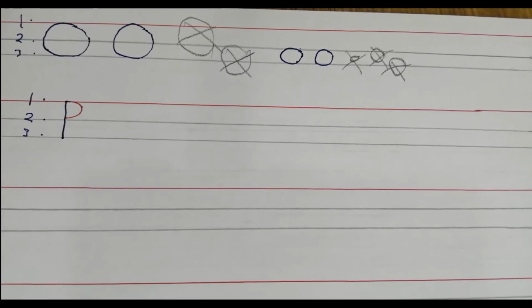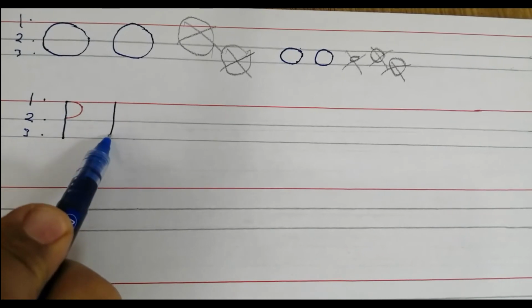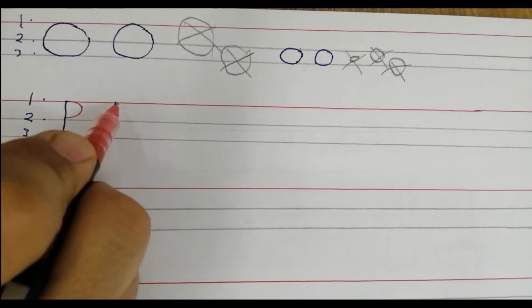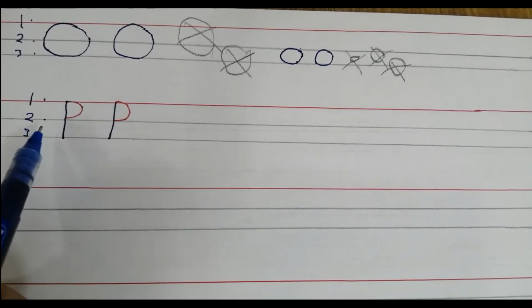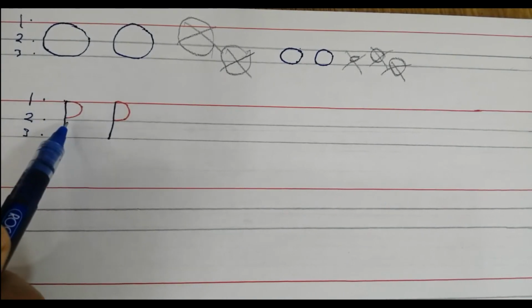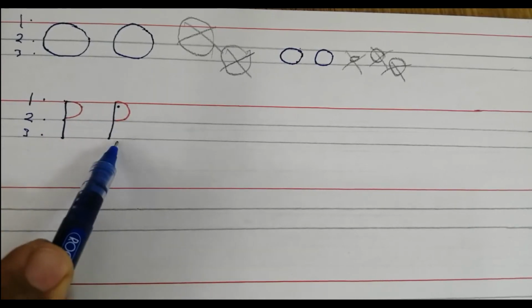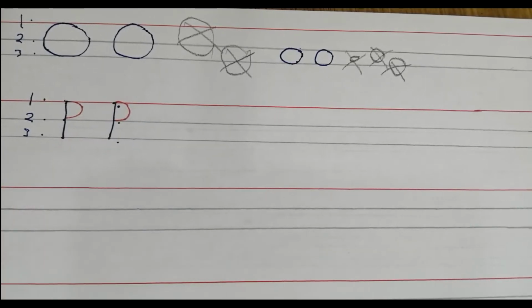Again, falling line from number 1 to number 3, and have a circle from number 1 to number 2. I'm sorry. P, very simple. From number 1 to number 3, and have circle from number 1 to number 2.